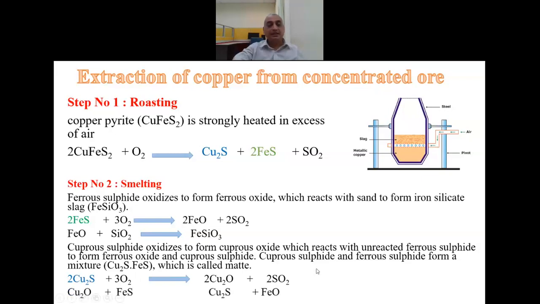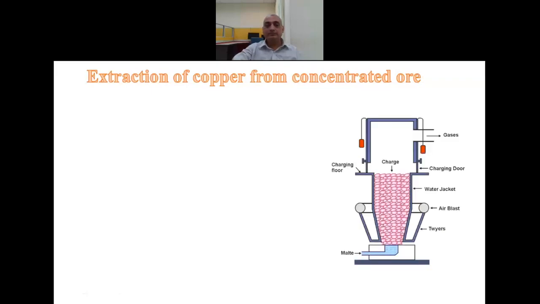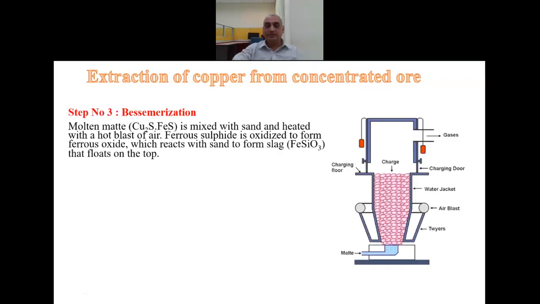Next, here you can see the remaining one will combine with this remaining one. So this one, again, combines with oxygen to form like this one. So by this way, the process continues. Extraction of copper from the concentrated ore.